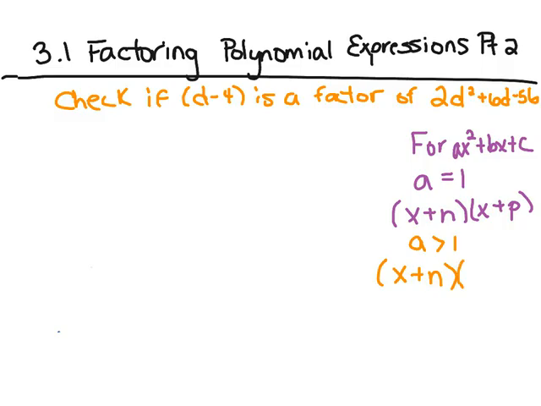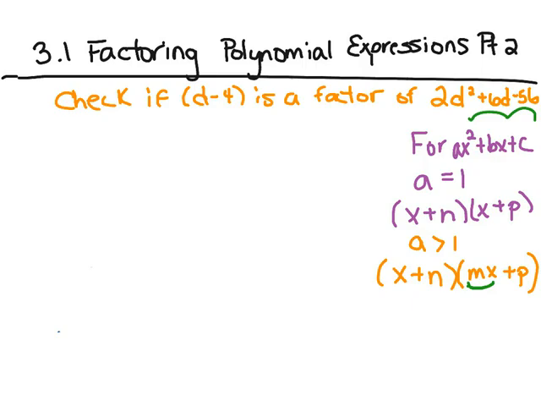But your second factor is going to be some number, so let's say m, times x plus p. So some number times x plus some other number. We don't know what they are for sure, but we know absolutely that when a is greater than 1, there has to be some term multiplied by a coefficient in your second binomial.